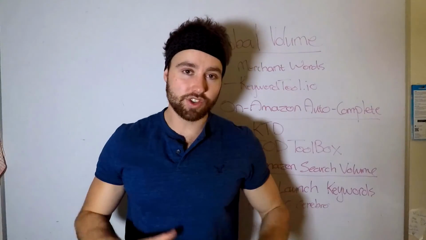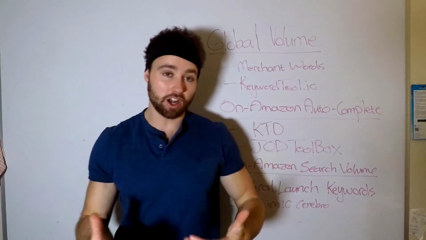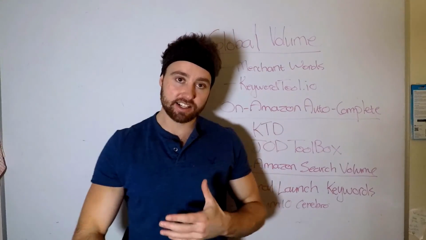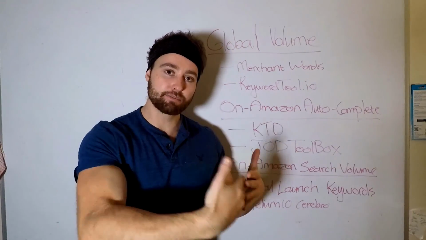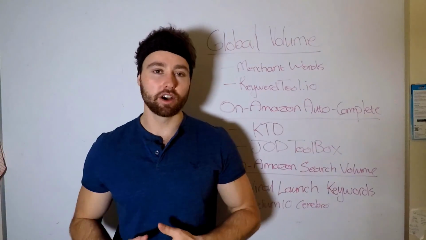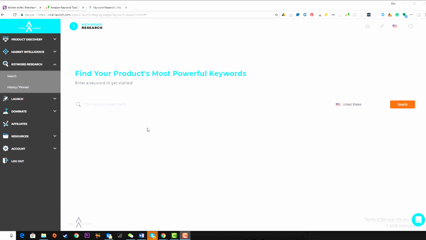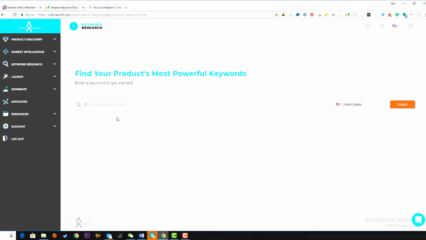So what these tools are actually going to do is give you on Amazon search volume. So how often is a customer on Amazon typing in a specific keyword or variation of that keyword? So if we use Viral Launch as an example, you're going to head over there, go to the keyword research tab, and you're going to input your shortest possible keyword. Start with that and then move out from there.